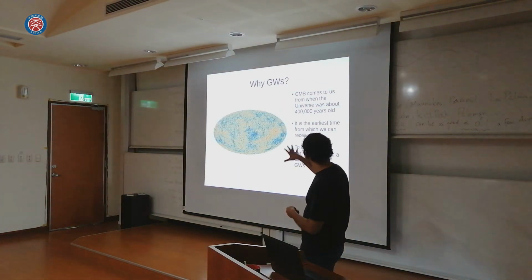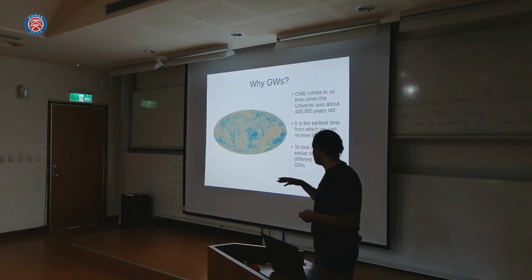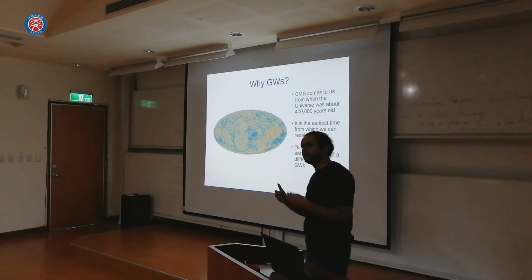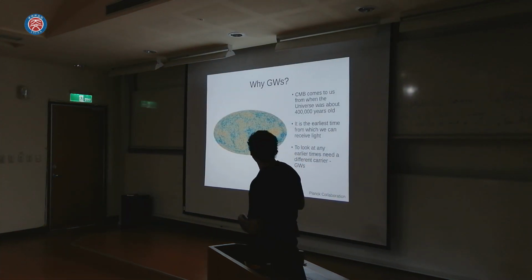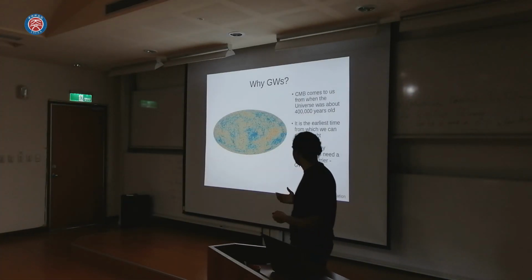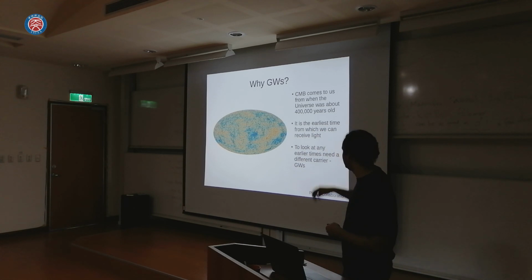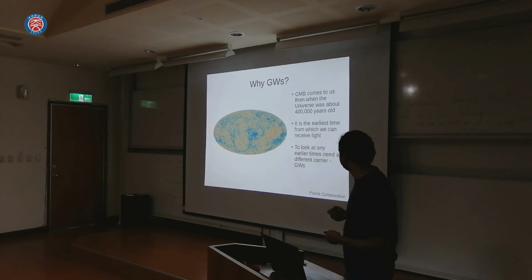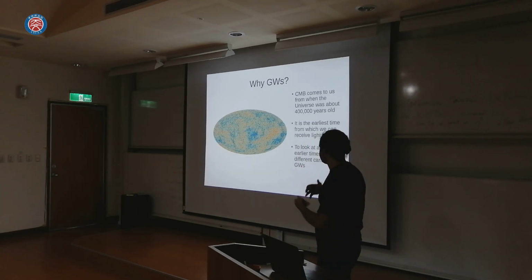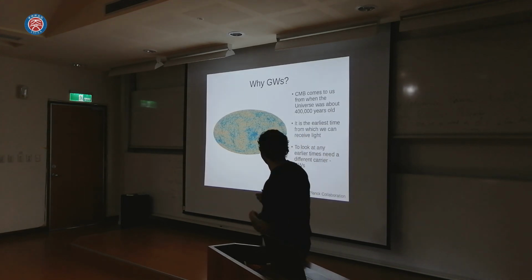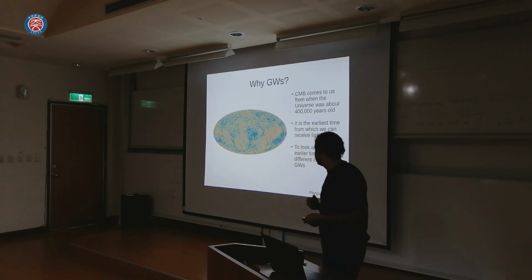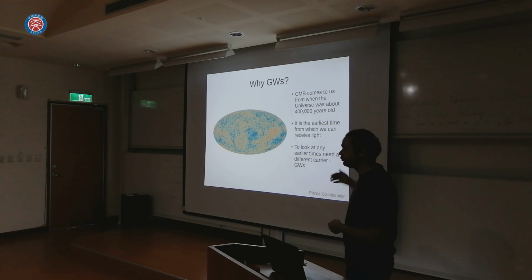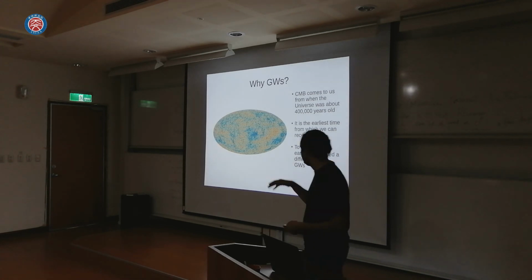Therefore, this age of 400,000 years is the first time that we can receive any light. In order to get any information about physics which happens before this era, we need some other carrier. Gravitational waves are one such carrier, the other being cosmic neutrinos. Gravitational waves are not strongly coupled to any species present in the early universe, and so they can propagate to us right from the beginning of our universe.